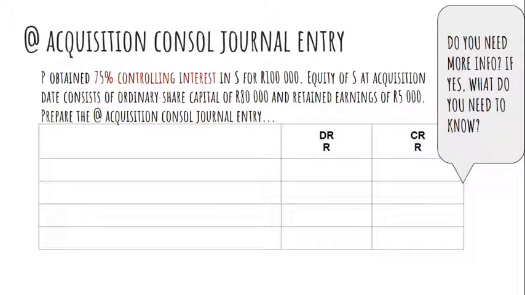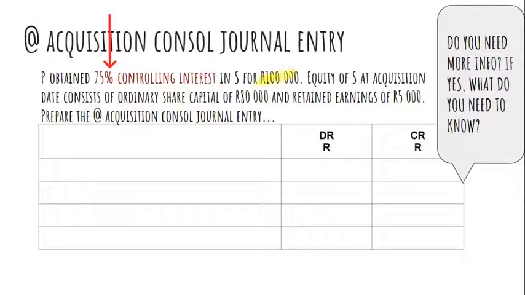Now that we've spoken a little bit more about non-controlling interests, let's look at an at-acquisition consolidation journal entry example where I do have NCI. So in this example, the parent obtained a 75% controlling interest in S for 100,000 Rand.